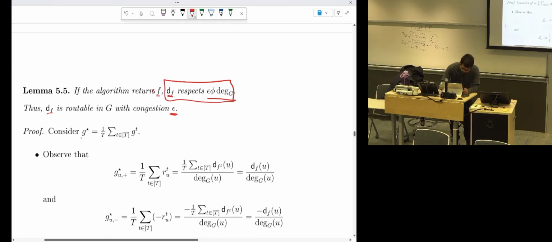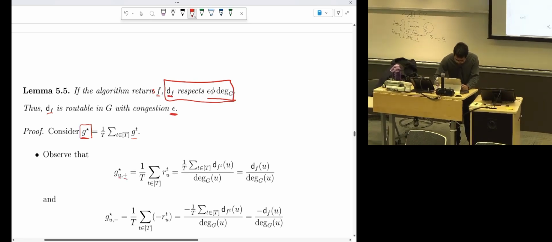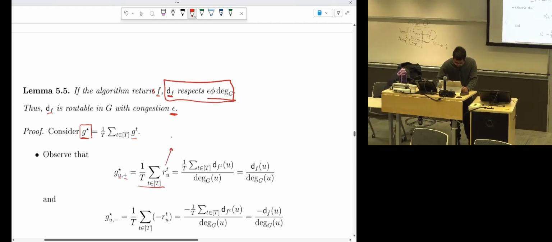Consider this G star, which is the average gain. I can write this down as G star at U plus. It's just the sum of this thing, but this is just the relative excess, which is just this one.